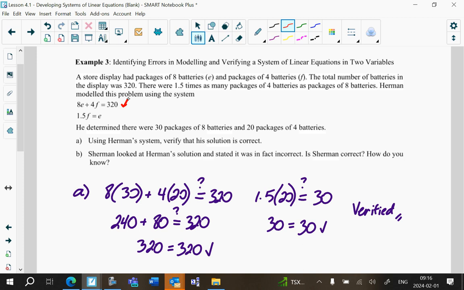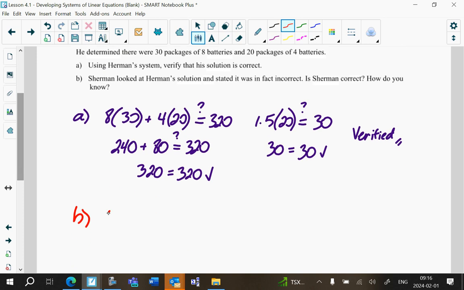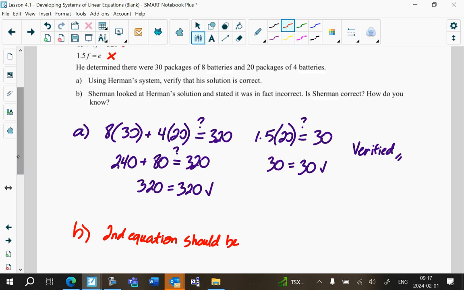The second equation should be the other way around. It should be 1.5 times the number of 8s will give me the number of 4s, because there's more 4s.